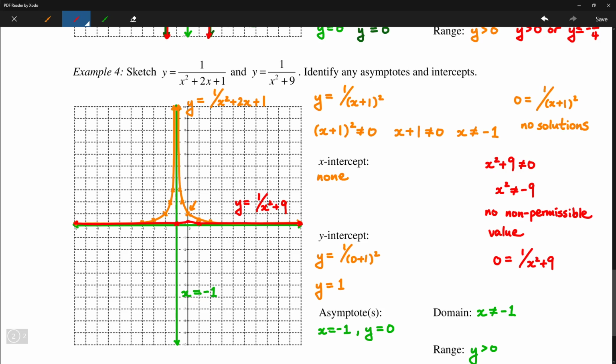Again, this has no solutions. So again, same thing here, none. And then the y-intercept for this graph would be y equals 1 over 0 squared plus 9. So the y-intercept is just 1 over 9.